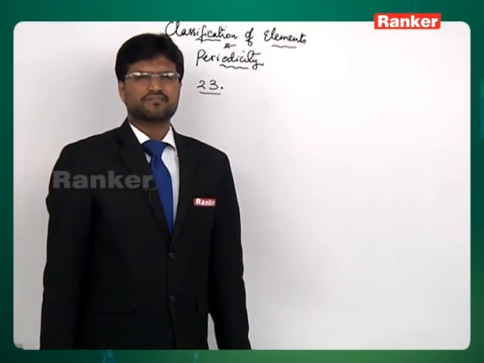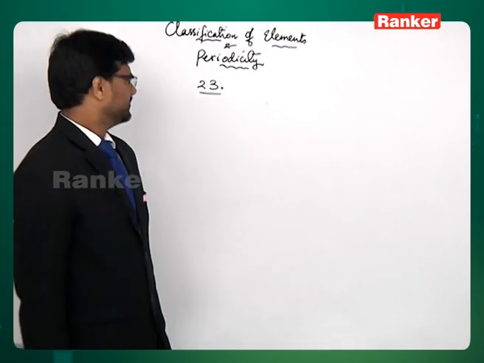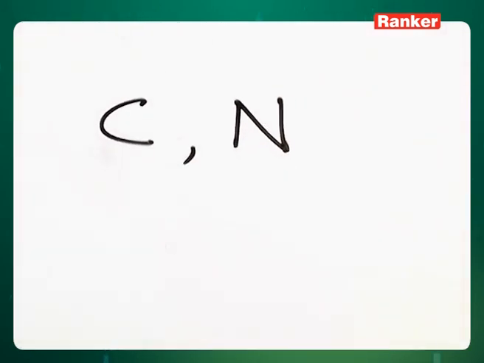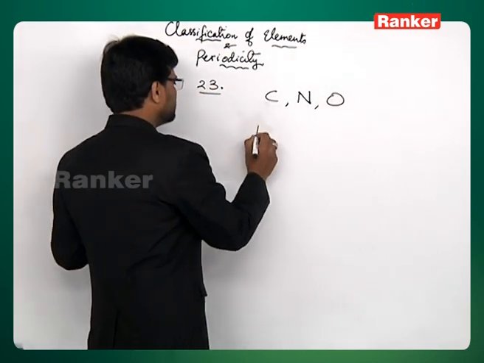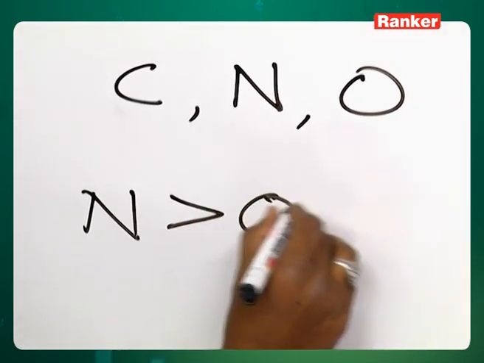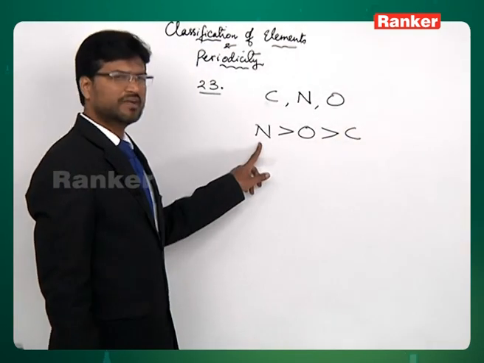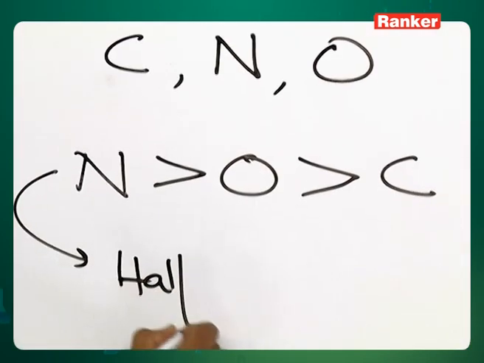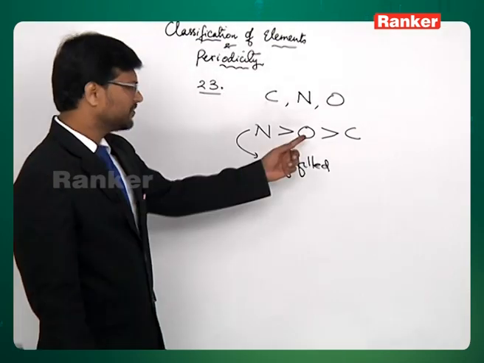Question number 23. The first ionization enthalpies of carbon, nitrogen and oxygen respectively are asked. We know that the order is nitrogen greater than oxygen greater than carbon. The reason is nitrogen has stable half-filled configuration, therefore its ionization enthalpy is greater than that of oxygen.